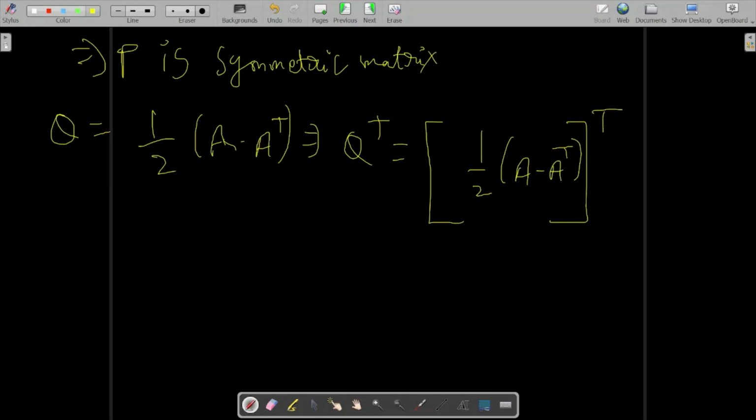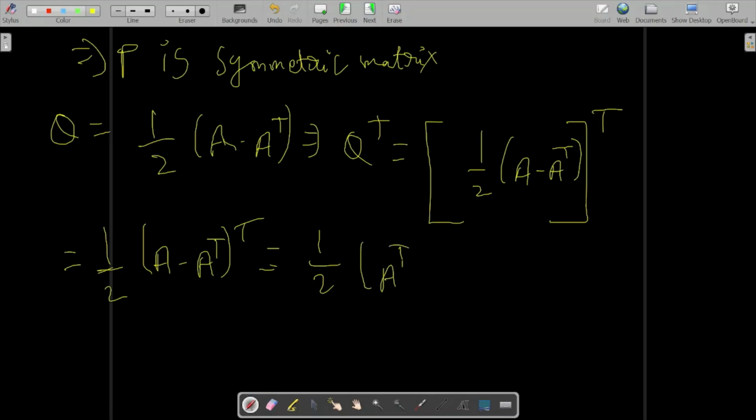This half will come out, and it will be half of A transpose minus A transpose transpose.